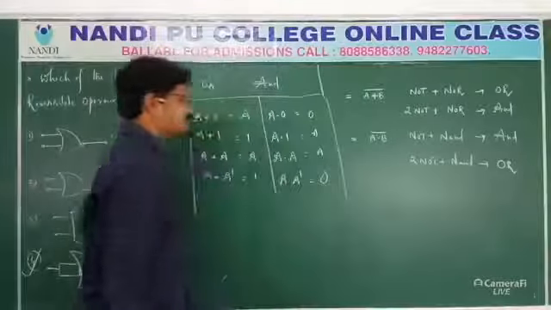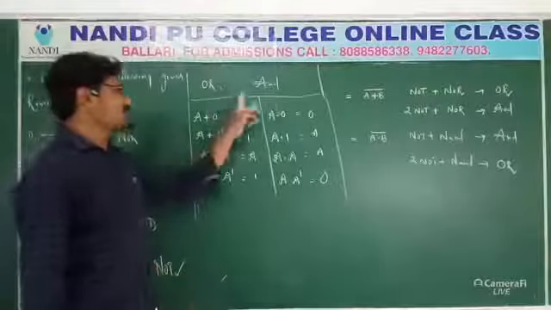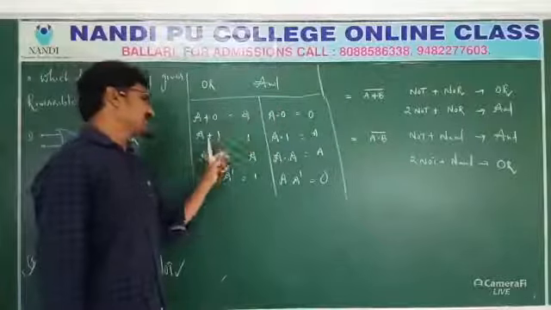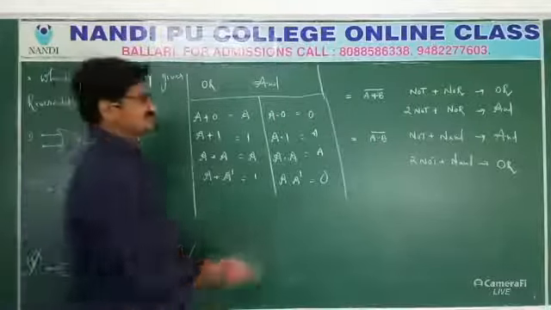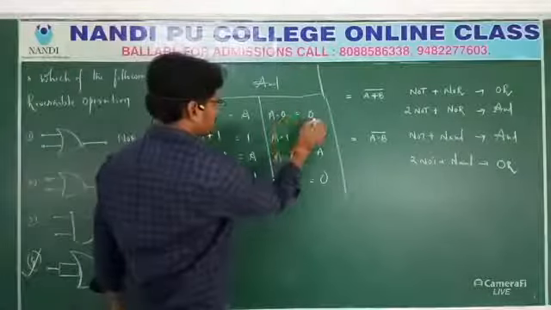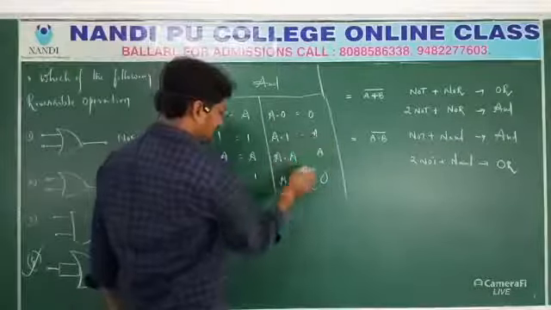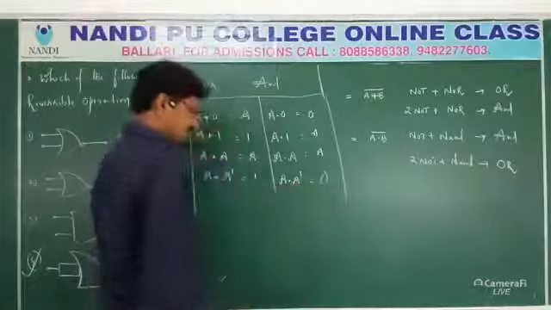If you have it, it is fine, or else you can write the OR operation and the AND operation. And A dot 0 equals 0, A dot 1 equals A, A dot A equals A, A dot A dash is 0.